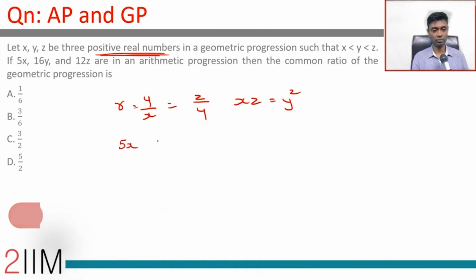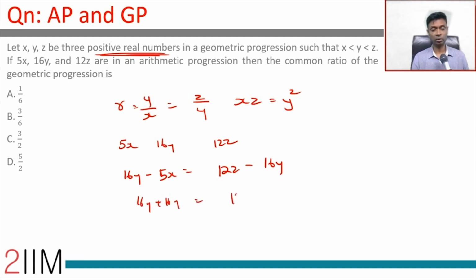So 16y minus 5x equals 12z minus 16y. 16y plus 16y equals 12z plus 5x. 32y equals 12z plus 5x.